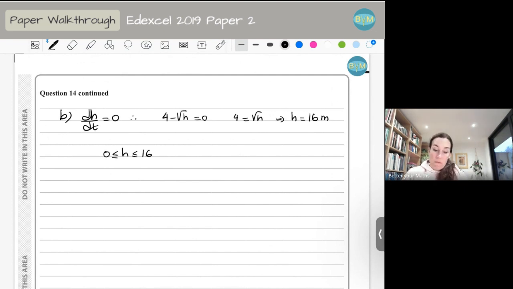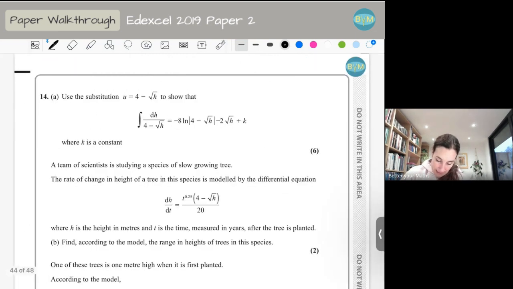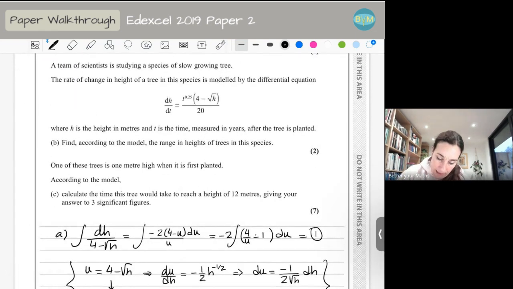That's the way of finding the limits, because you have the derivative, you can make it equal to 0, you know the maximum or the minimum. And then the last thing it says, one of these trees is 1 meter high when it's first planted.